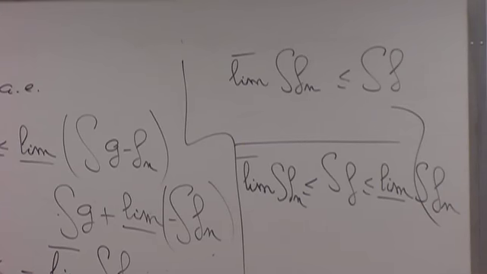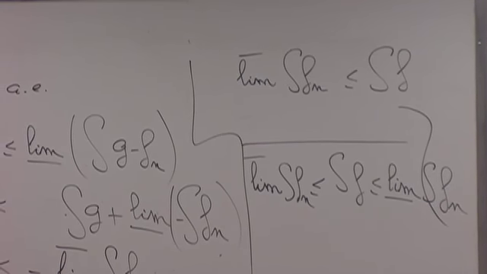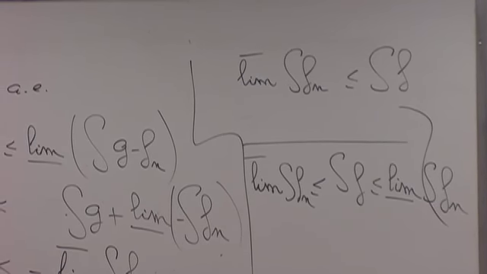So what can we conclude from that? They need to be equal to each other because we know that the lim inf is always less than the lim sup. So they need to be equal.